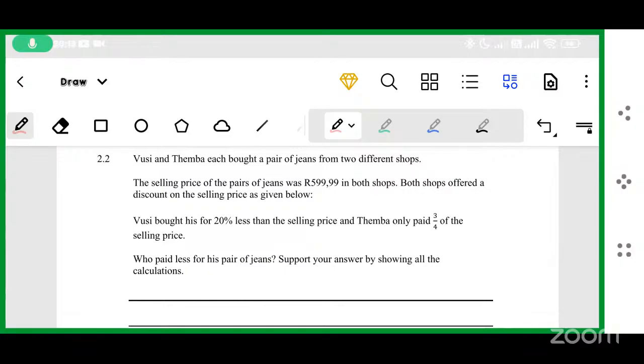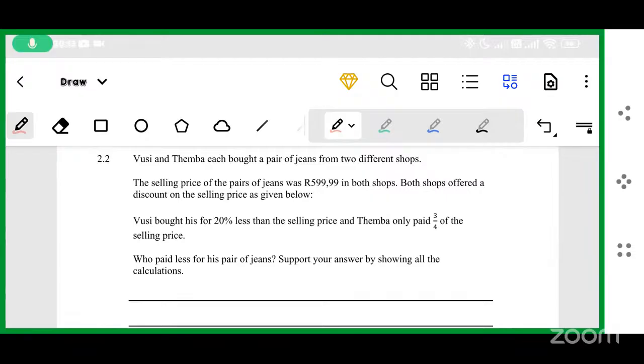So 2.2 says Vusi and Temba each bought a pair of jeans from two different shops. The selling price of the pairs of jeans was 599.99 in both shops. Both shops offered a discount on the selling price as given below.